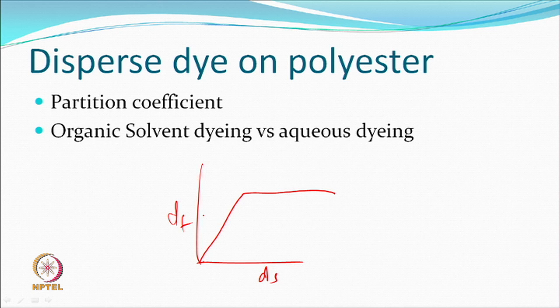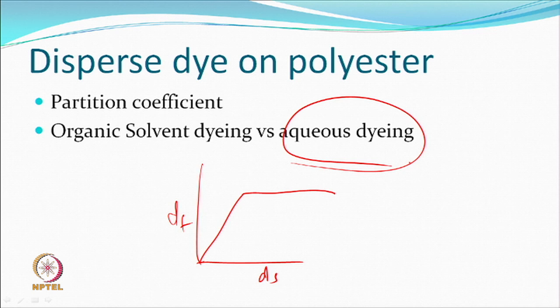Affinity, of course, is because both are hydrophobic, and whenever there is a possibility of such molecules coming together, they will like to come together in preference to water, because they are not water soluble and they are dispersed, and therefore it is clear that they do not like water. So, whenever there is a chance, they will like to go to that particular material which is other than water, which is hydrophobic.